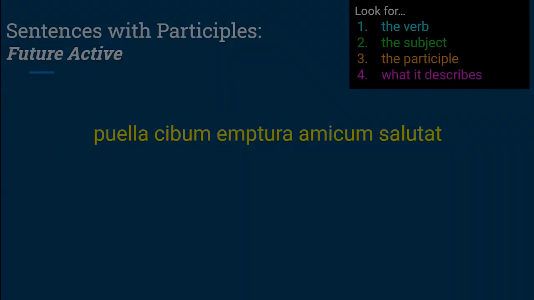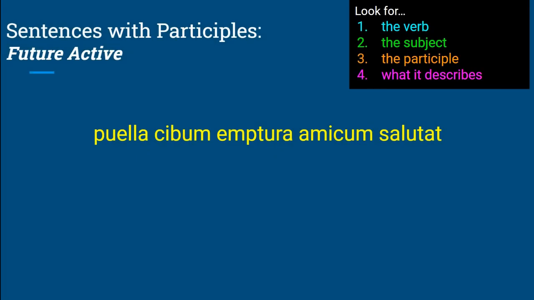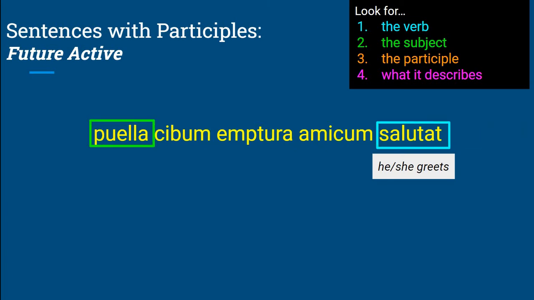Finally, let's look at a sentence with a future active participle. So we have puella cibum emptura amicum salutat. So our verb, only one option here, salutat, he or she greets. Our subject, again, right at the start, is puella, the girl.